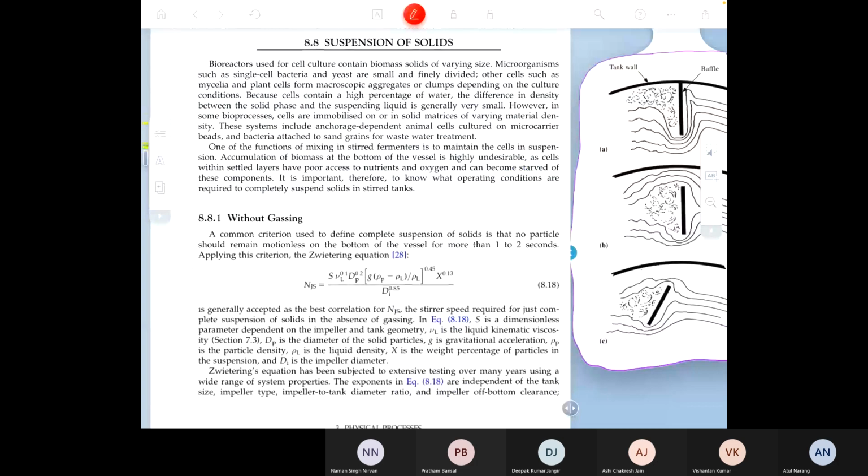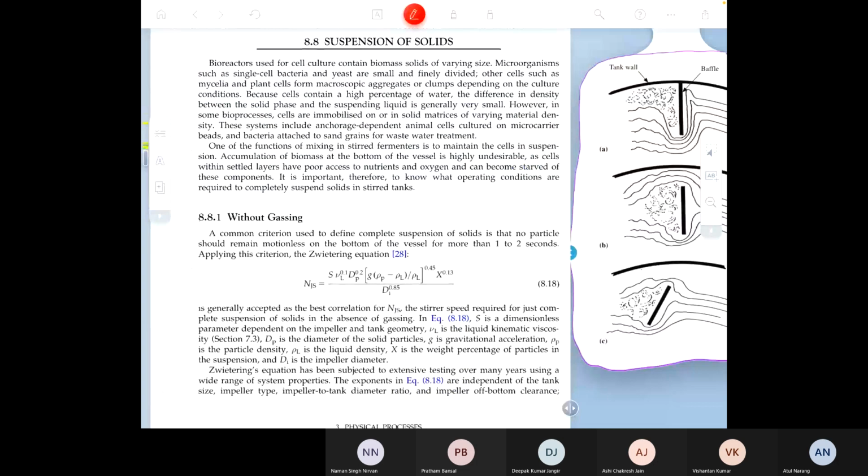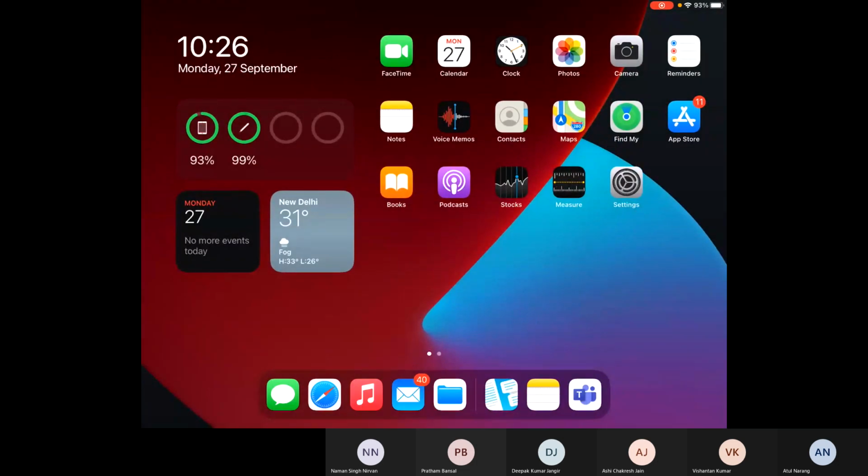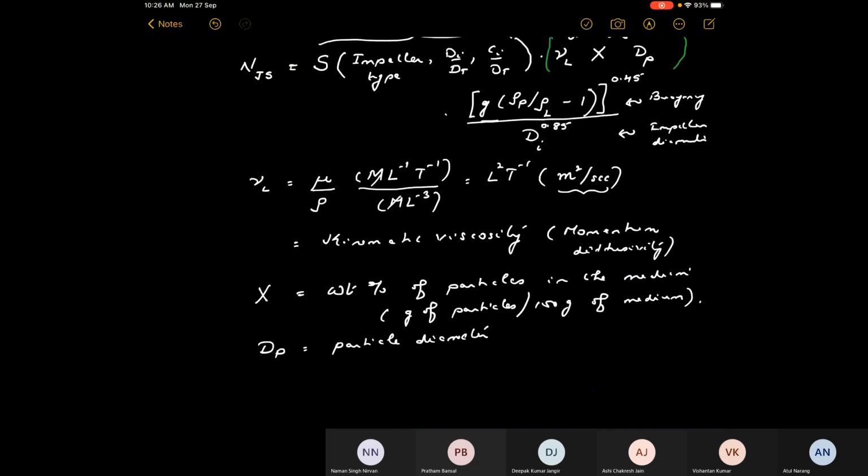And this is the formula that I have just given you. This is equation 8.18 of the book, equation 8.18 of Doran.